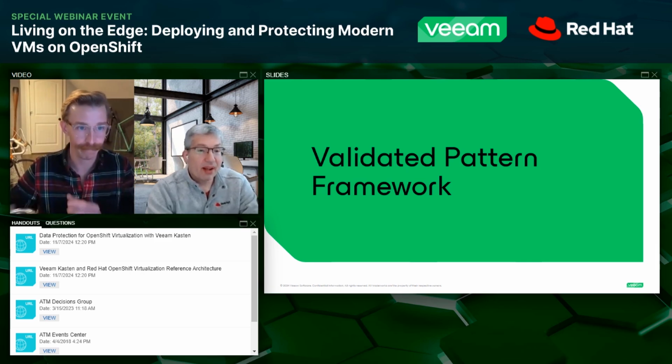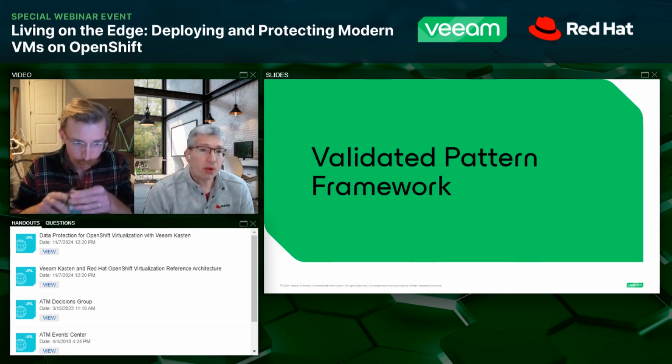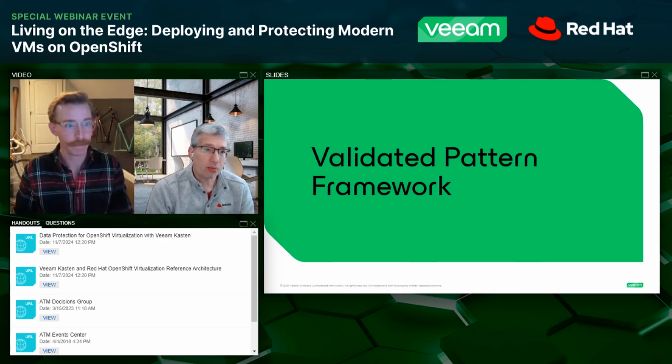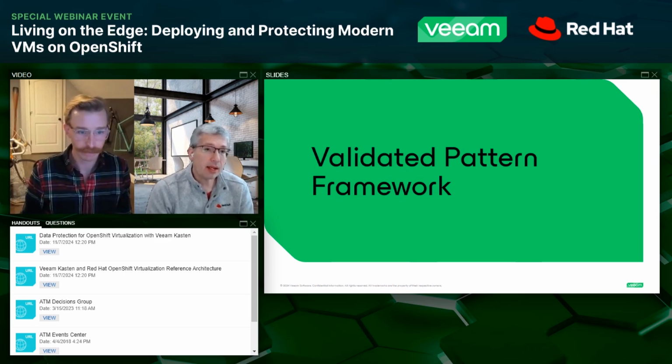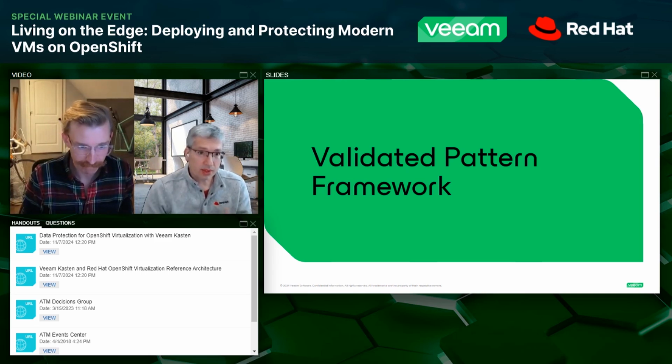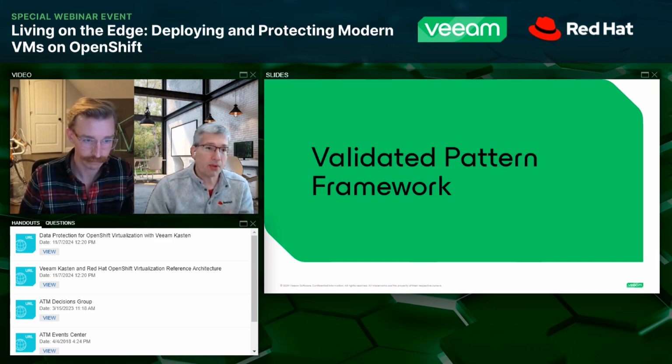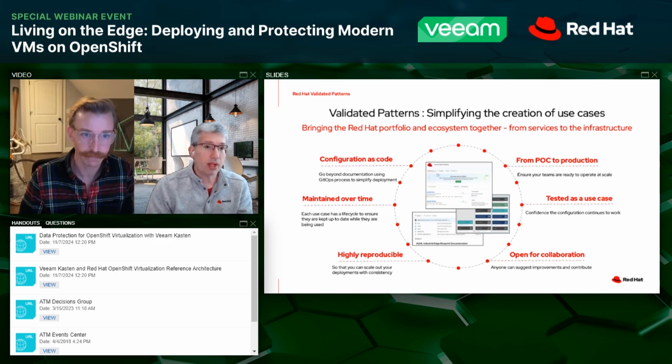Yeah, thanks, Matt. The validated pattern framework is something that Red Hat started development on a little over 3 years ago. And the idea is that in the technology industry, we've had reference architectures forever. And a reference architecture is a nice document. In the old days, it was on paper. Nowadays, you get them in PDF and in PowerPoint, and they have loving descriptions of all the different technology components and how this wonderful solution is put together.